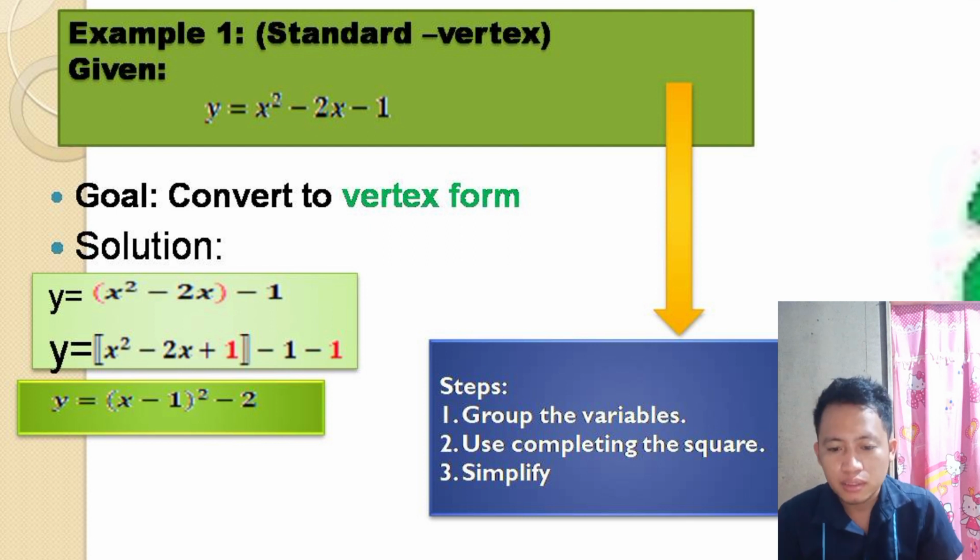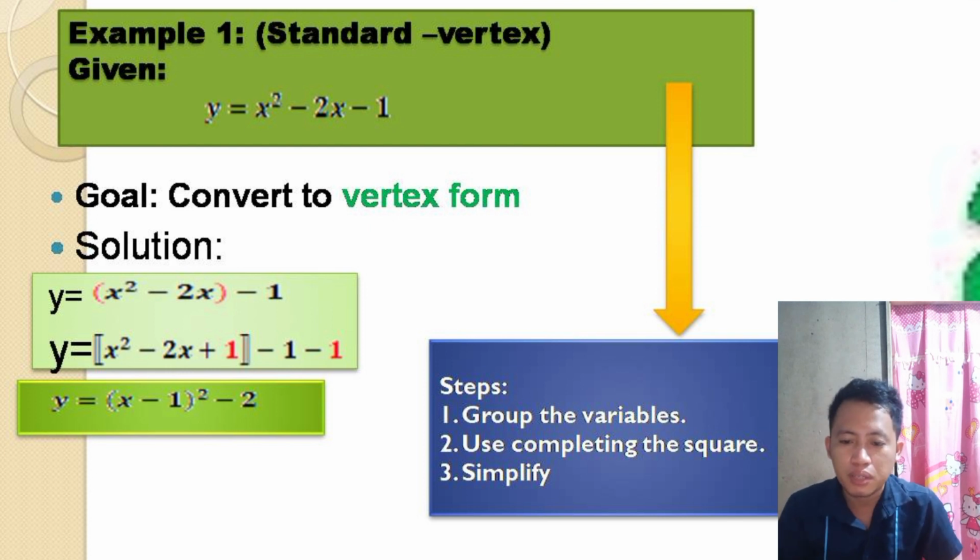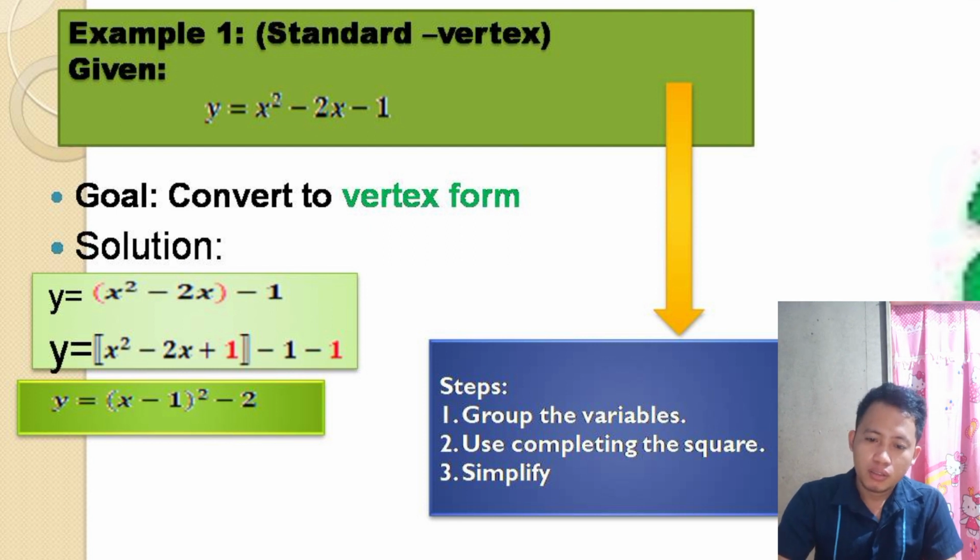So write 1, then write squared. What is negative 1 minus 1? That is equal to negative 2. Why is it? Because you are subtracting with the same sign. All you have to do is copy the sign and add the two numbers. 1 plus 1, we are getting 2. Okay? Understood.